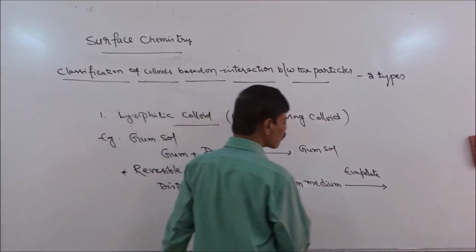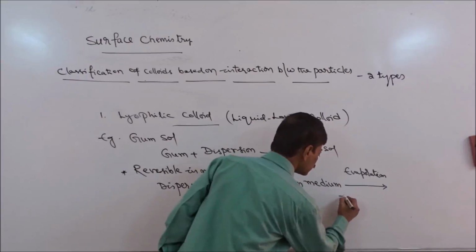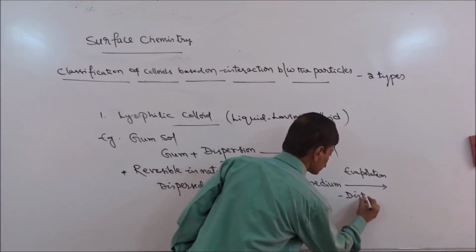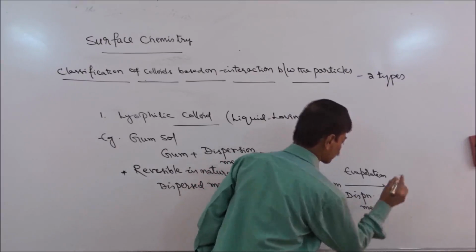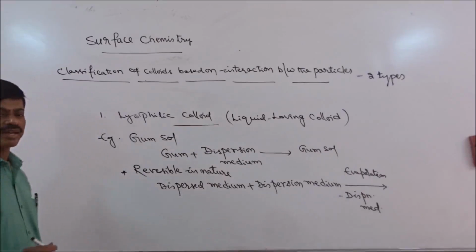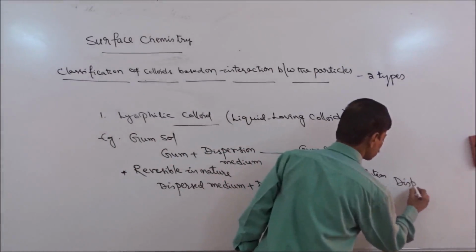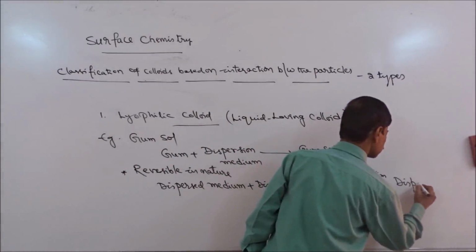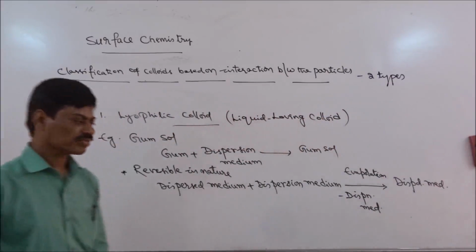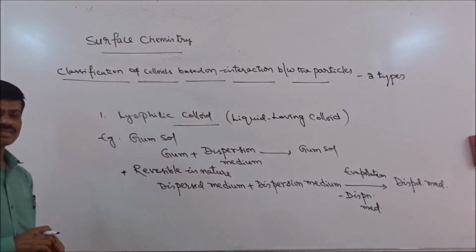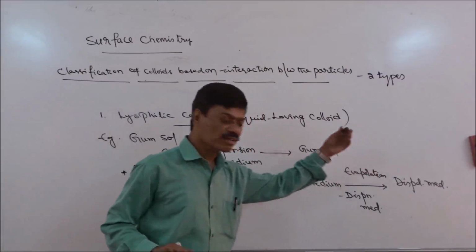This on evaporation, dispersion medium is isolated, separated. As a result, we will get dispersion medium. Dispersion medium is removed by evaporation process. Now we got dispersion medium.